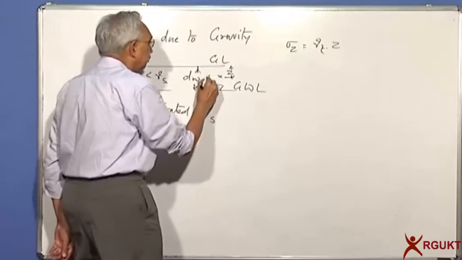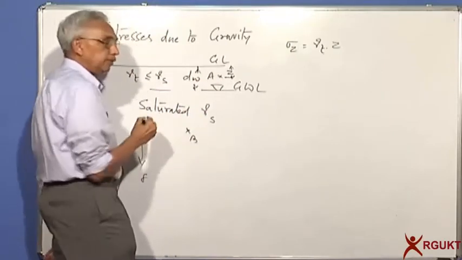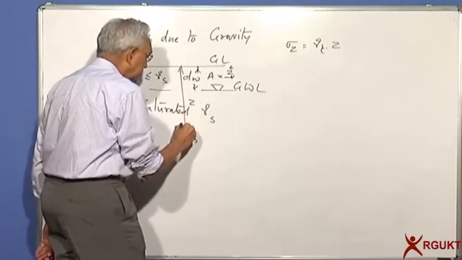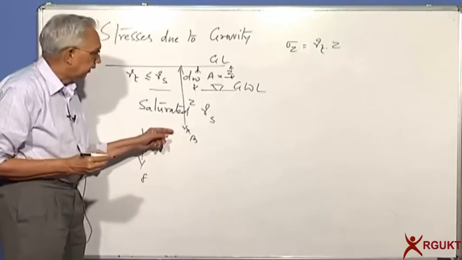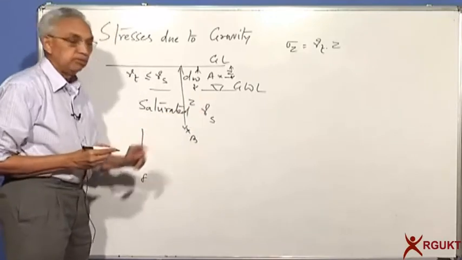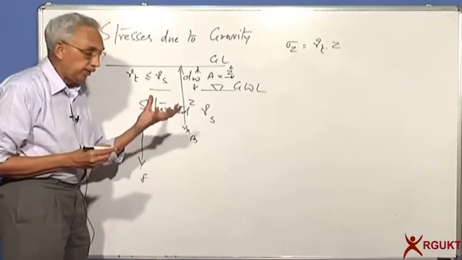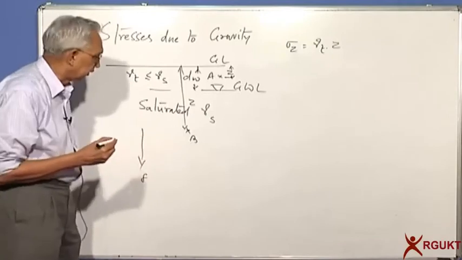Let's say I call this point A. But if the point B is below the water table and the depth is z, now we'll have to calculate what will be the total stress, and the point is below the groundwater, so it will have pore pressure also. And then we can calculate effective stresses. We have already defined the concept of effective stress.